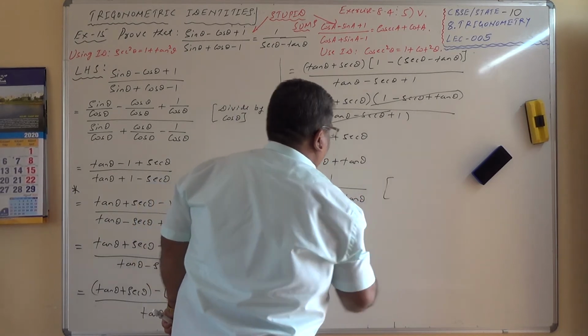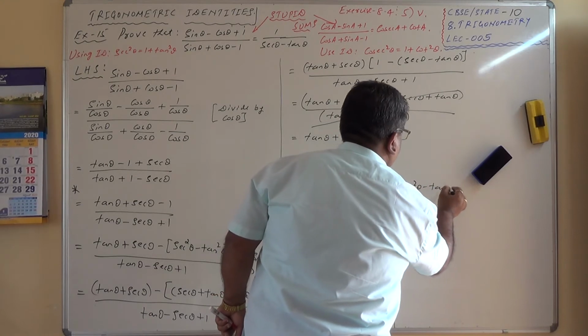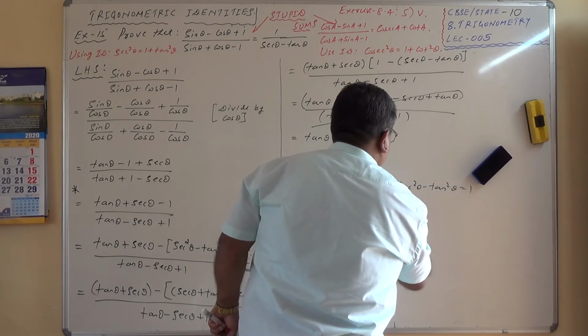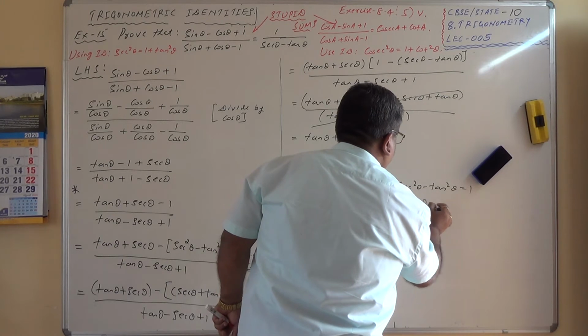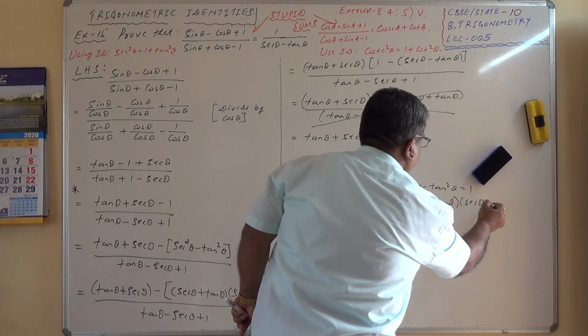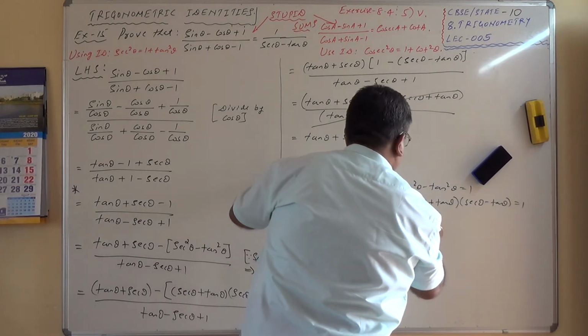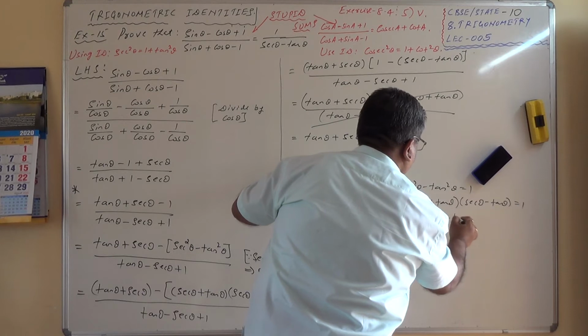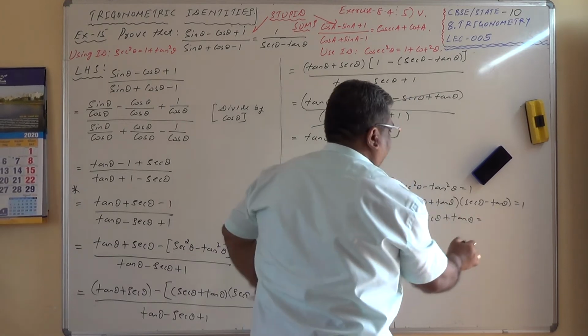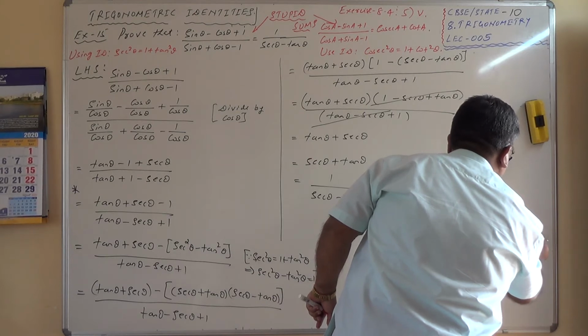What is the reason here? We know sec square theta minus tan square theta equals 1, which implies sec theta plus tan theta into sec theta minus tan theta equals 1, and therefore sec theta plus tan theta equals 1 divided by sec theta minus tan theta.